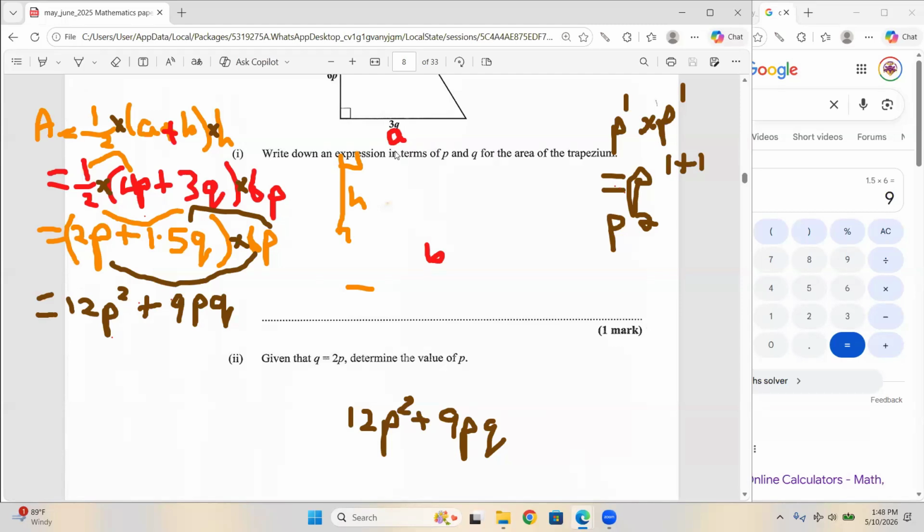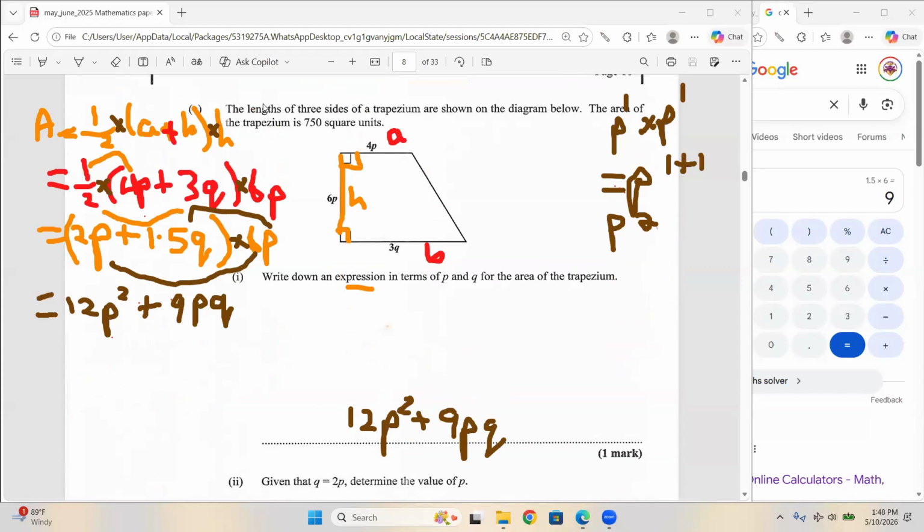Okay, so what method should I use? This here is already by itself, so the only method I can use is substitution. I can't use elimination at all. Now, if you're wondering why, is there something else they give us in this question?